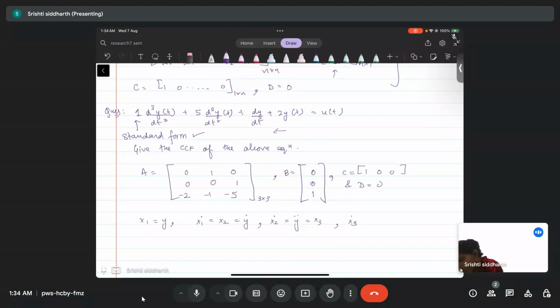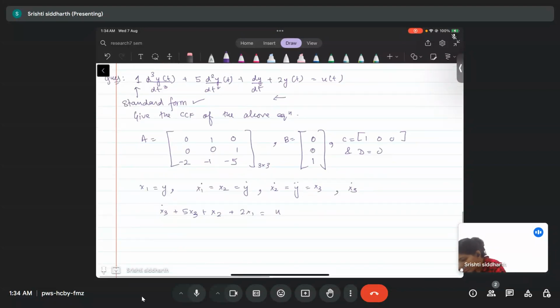So the differential equation looks like x3 dot plus 5x3 plus x2 plus 2x1 equals u. And if we just transfer these to the right hand side, we get the last row of the A matrix.